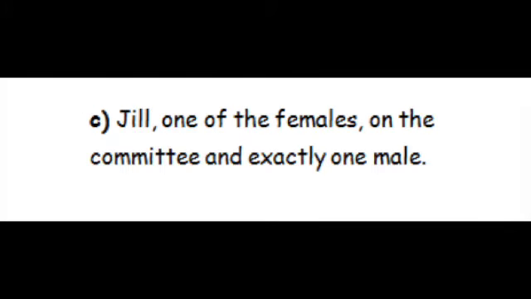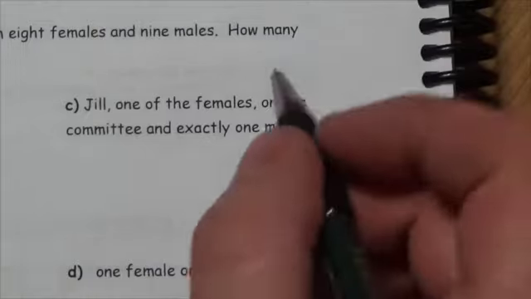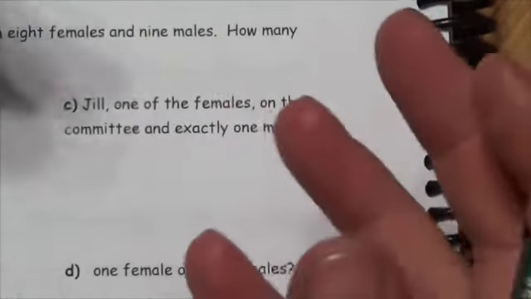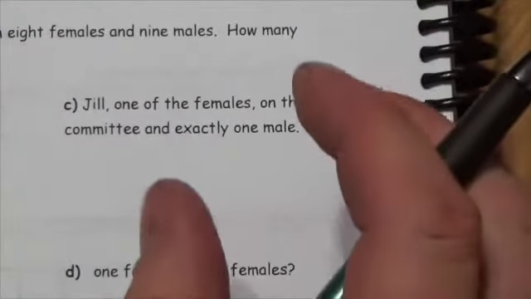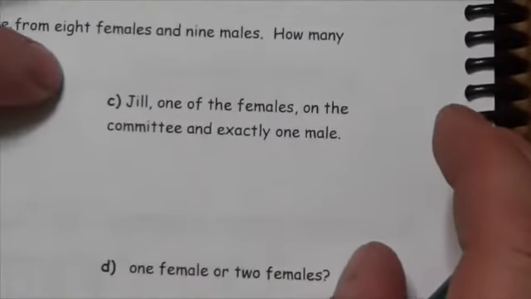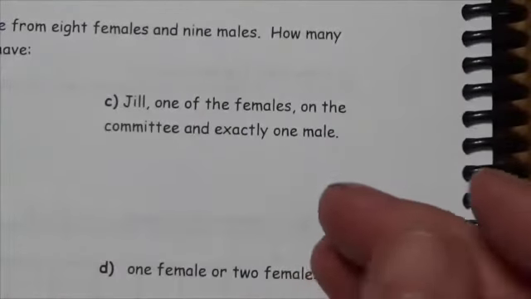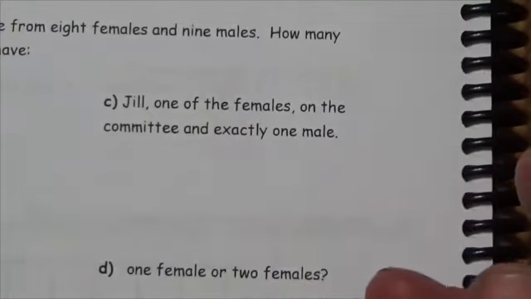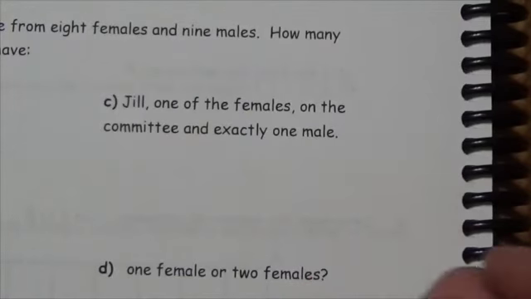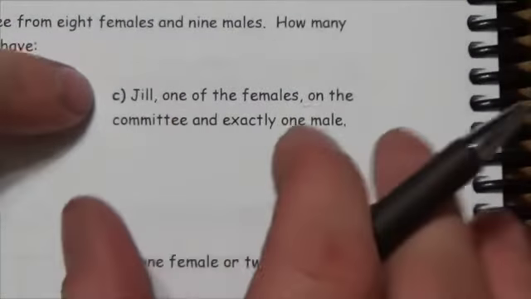Next, the committee must include Jill, one of the females, and exactly 1 male. This is an interesting question because it draws your attention to an idea that can be misunderstood, or a question that can be misread very easily.